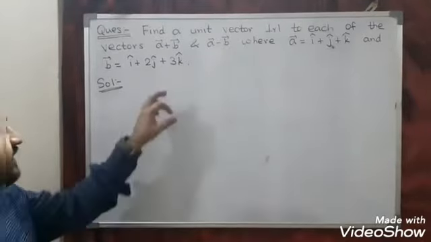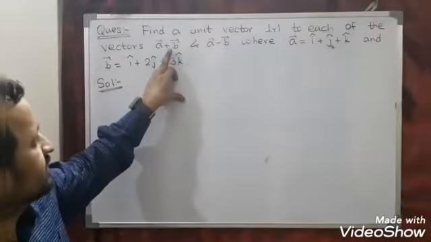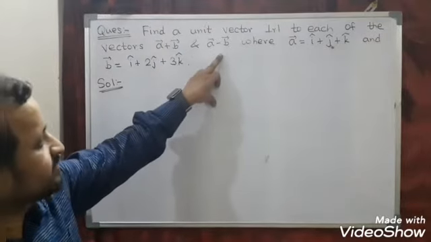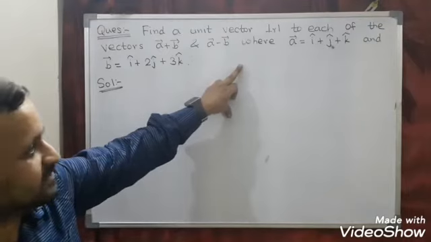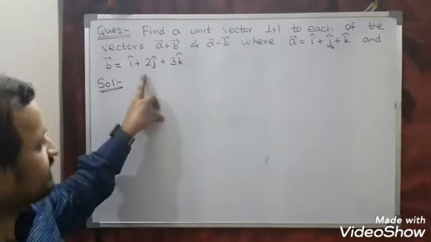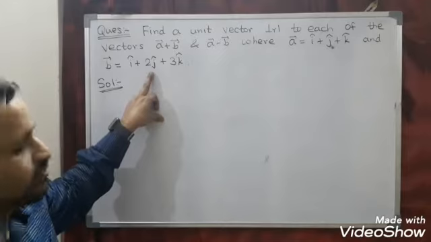The next question is, find a unit vector perpendicular to each of the vectors A plus B vector and A vector minus B vector, where A vector is equal to I plus J plus K and B vector is equal to I plus 2J plus 3K.